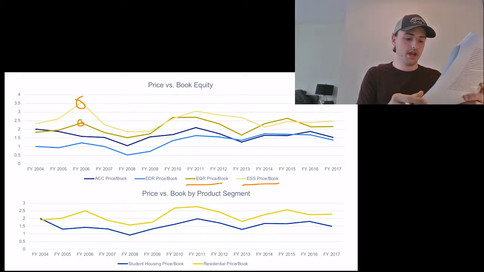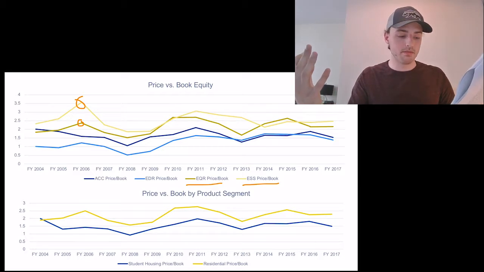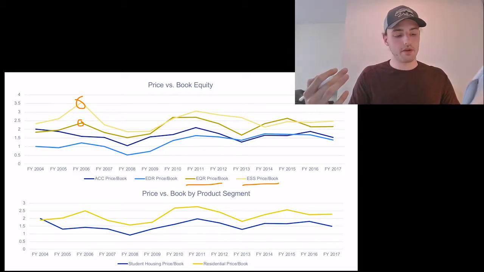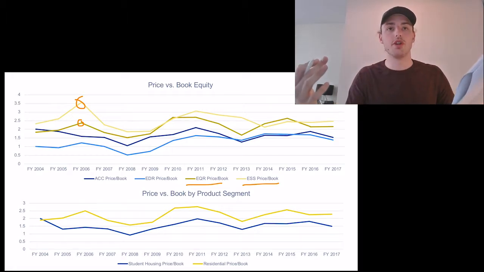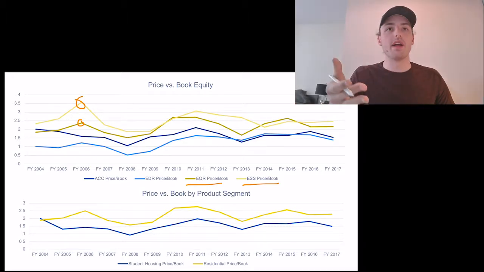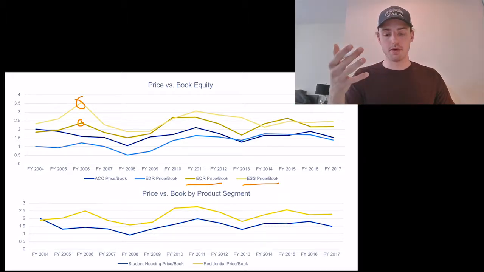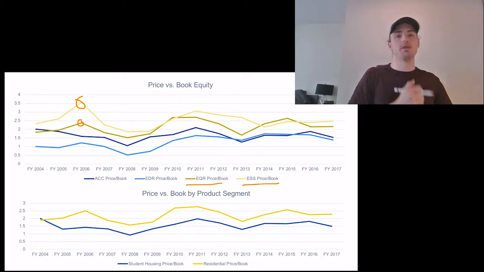And so small price to book premiums could be expected in a REIT to compensate for the efficiencies that a large institutional investor and management service would provide. So for example, buying these real estate investment trusts is super easy. You're not having to go out and contact lawyers, get home inspections done.